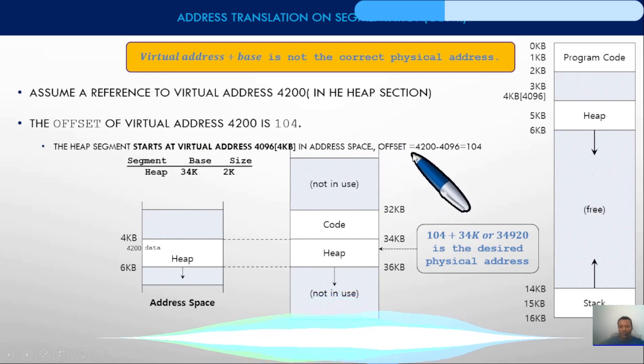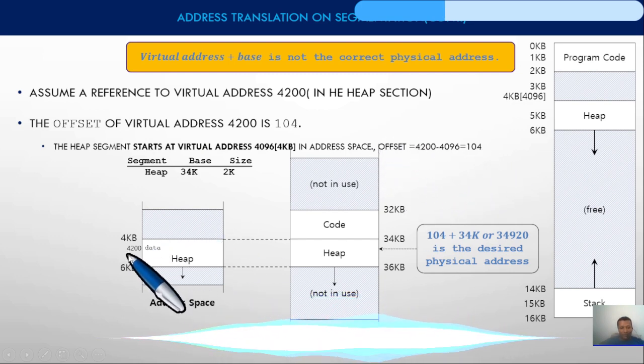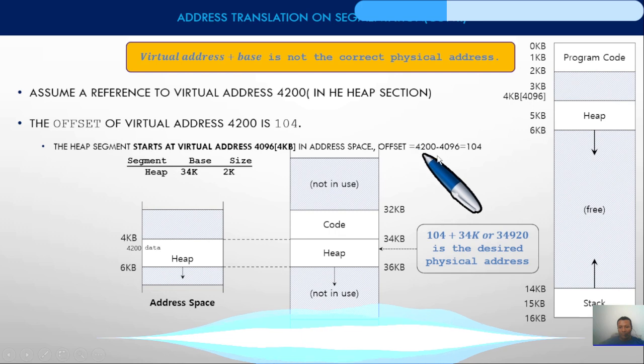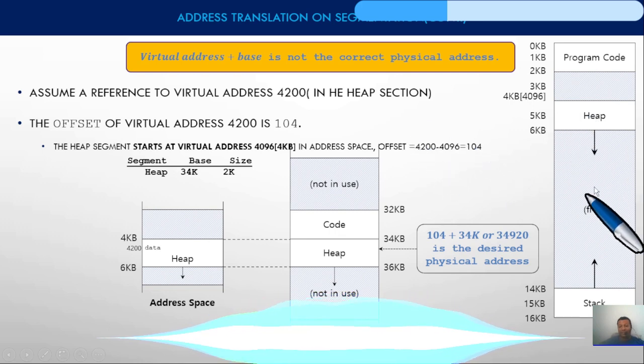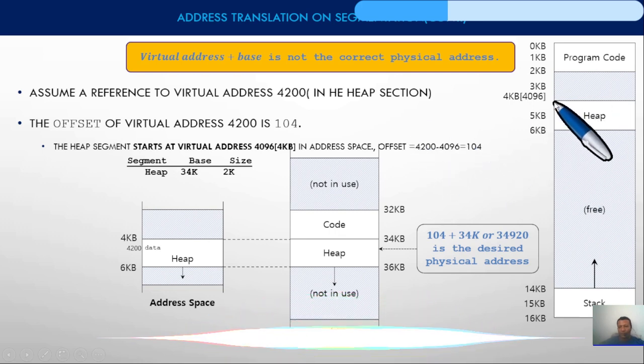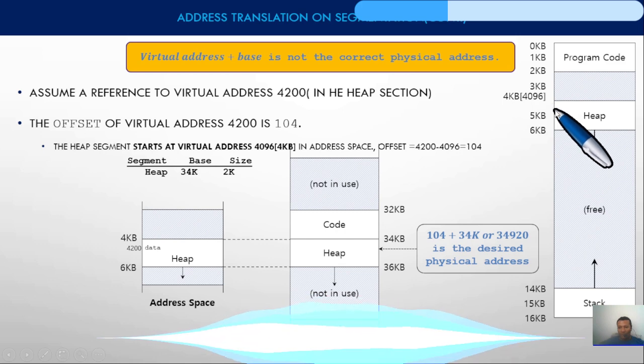The offset will be 4200 minus 4096, which becomes 104. So this is the offset in this scenario. We have to subtract the base address of the segment in virtual memory from the given address.